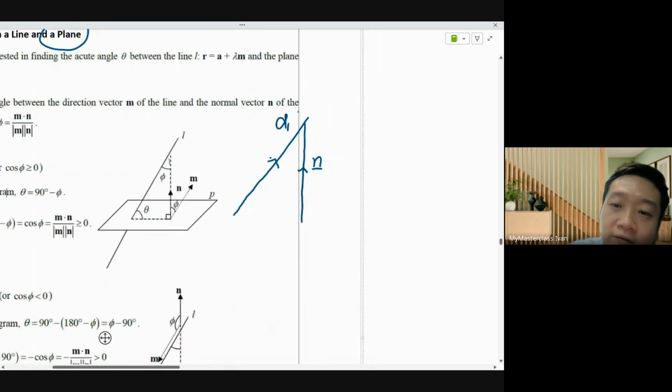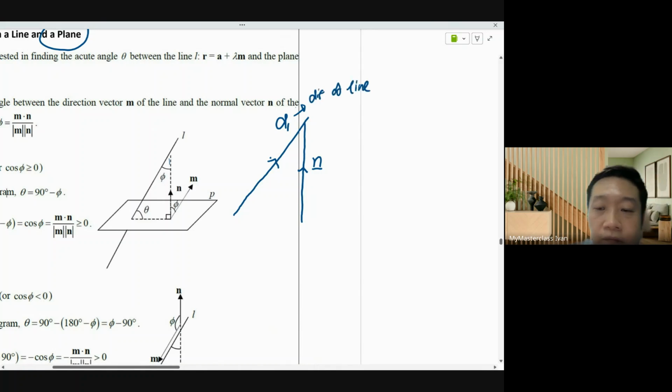D1 is the direction of the line. N is the normal of the plane. Label this as phi, a circle with this one. Draw a dotted line here, and then label this as theta.